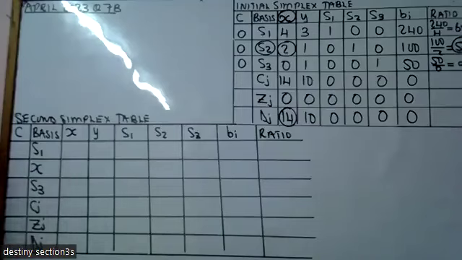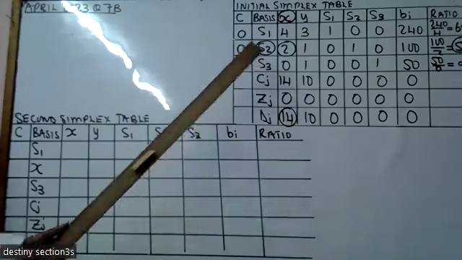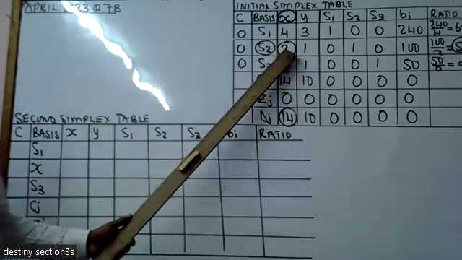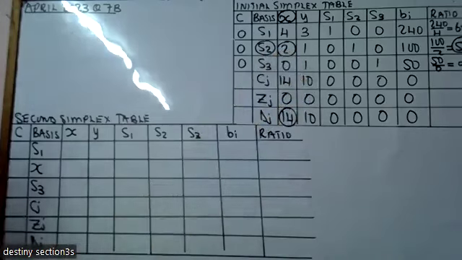we are there. I told you the next thing you do, unakuja kwa hii. You divide everything by the key element. So you say 2 divided by 2, that is 1. So unaiandika hapa. 2 divided by 2 is 1.